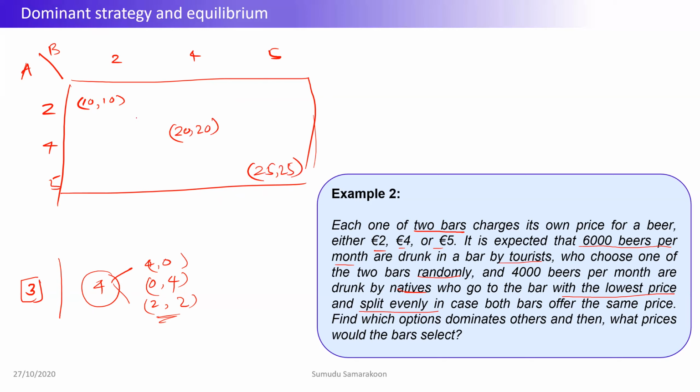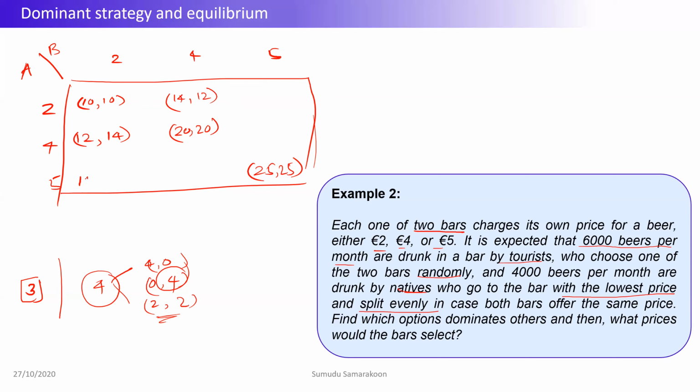Now comes the interesting part. Now A has a high price, so he's losing all the natives and just has to rely on tourists, whereas B gets half of the tourists plus all the natives, 7. So it's 20 and 14, and it's going to flip. Yes, because it is symmetric.